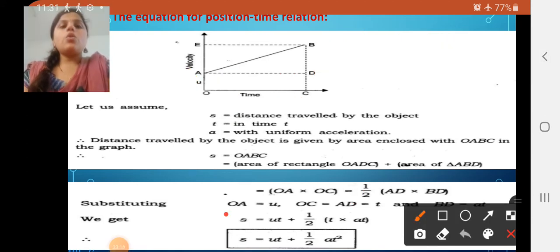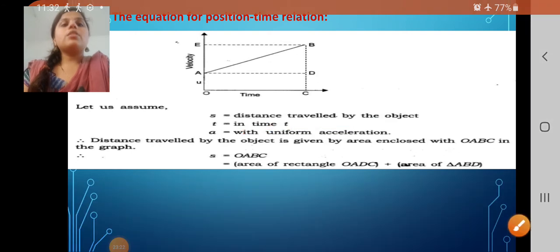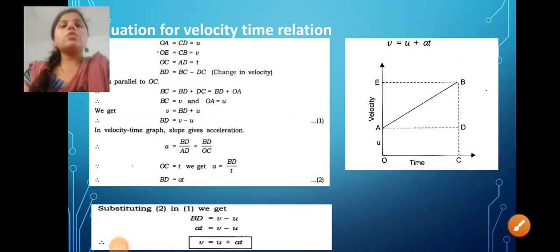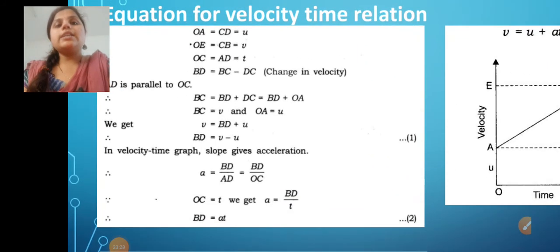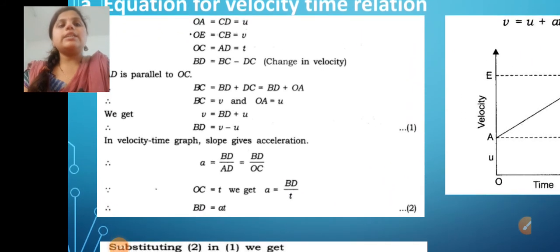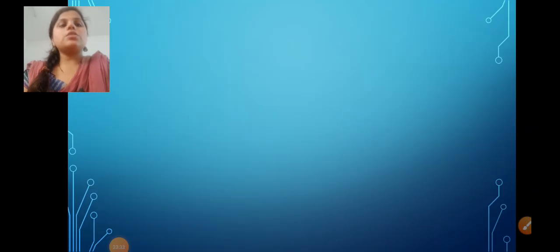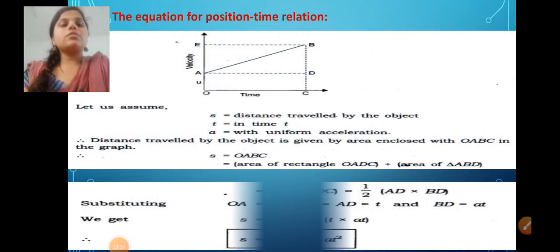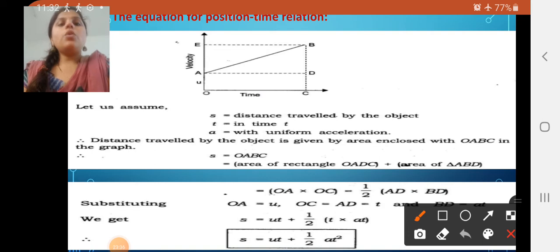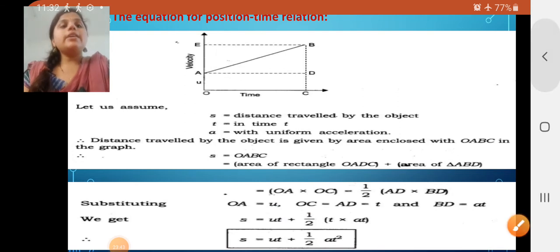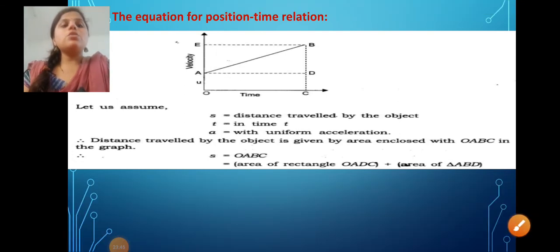Now substitute OA equals U, which we already derived. Use these identities, dear students, so you will not get confused. OA equals U, OC equals AD equals T, and BD equals AT.